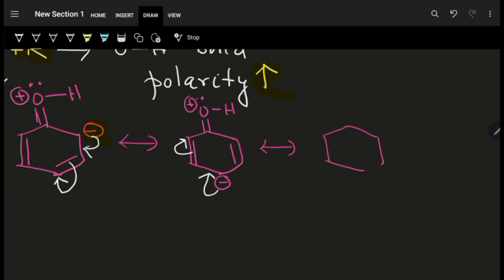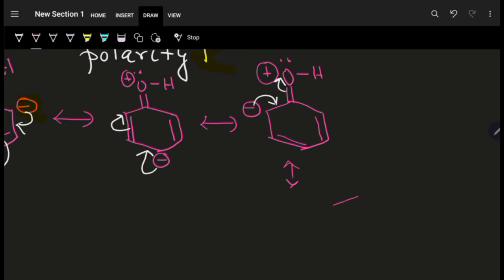So I said whichever is unchanged, first draw that. This part is unchanged. Lone pair remaining, positive charge. Now the change: negative charge forms a double bond, forms a negative charge. The last one will be this coming and forming a double bond, and this opening and neutralizing the charge over oxygen.